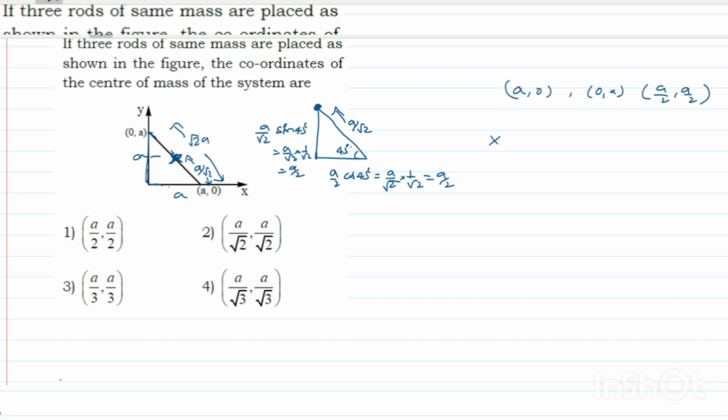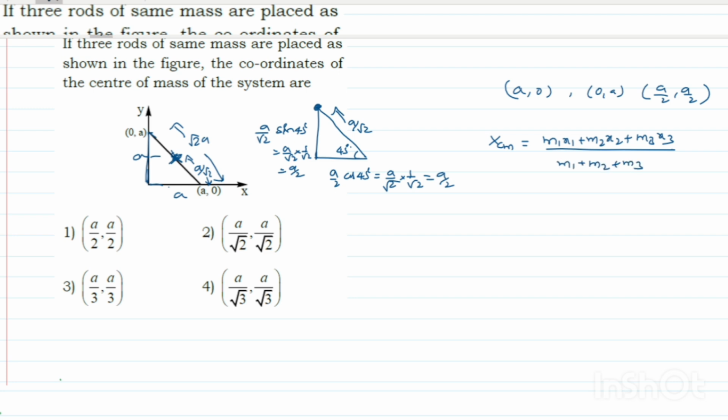Now here it's lying in the plane, so we can talk about the xy coordinates. Along the x-axis, xcm equals m1 x1 plus m2 x2 plus m3 x3 by m1 plus m2 plus m3.